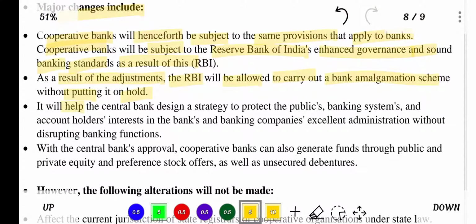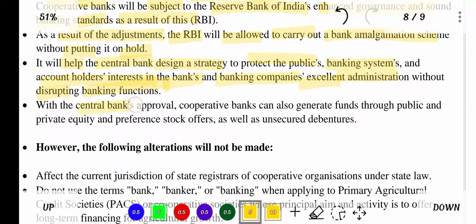It will help the central bank design a strategy to protect the public's banking systems and account holders' interests in the banks and banking companies, with excellent administration without disrupting banking functions. With the central bank's approval, cooperative banks can also generate funds through public and private equity and preference stock offers as well as unsecured debentures.